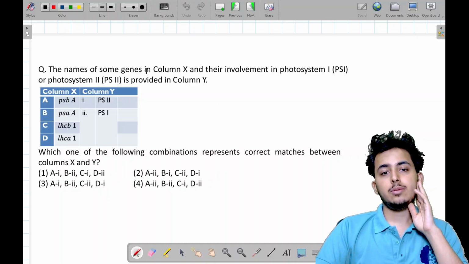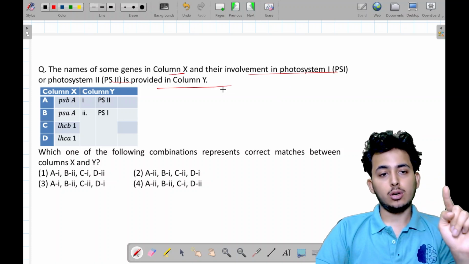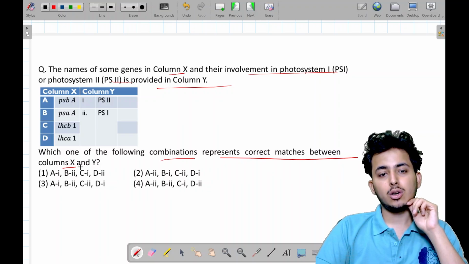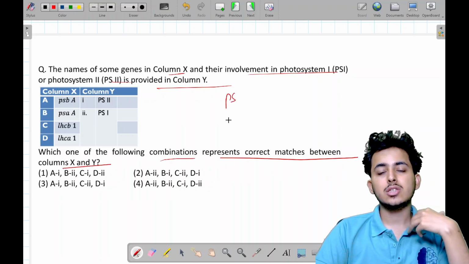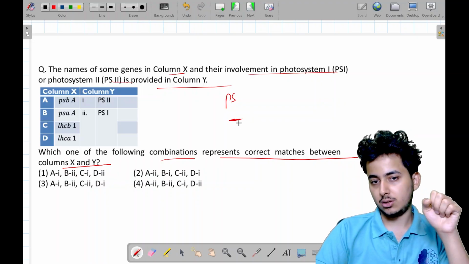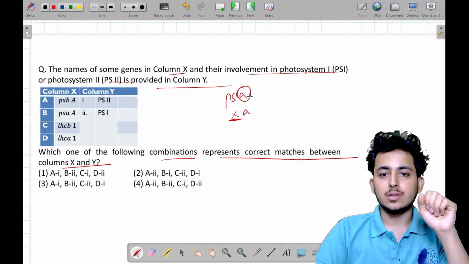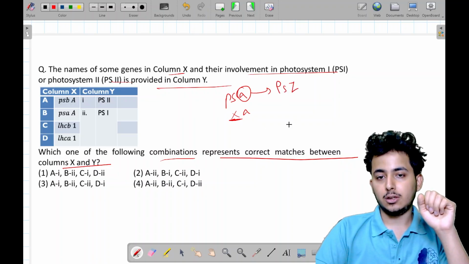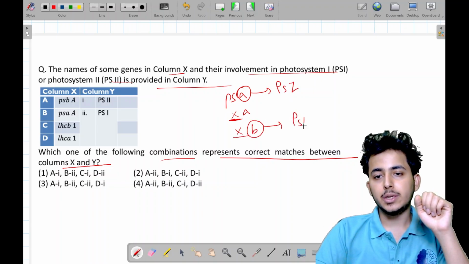Now, names of some genes in column X and their involvement in photosystem 1 or photosystem 2 are provided in column Y. Which one of the following combinations represents correct matches between column X and column Y? I told you the trick with PS or any sort of gene, any abbreviation. If there is A written after the prefix, A means PS1. If there is B written, B means PS2.